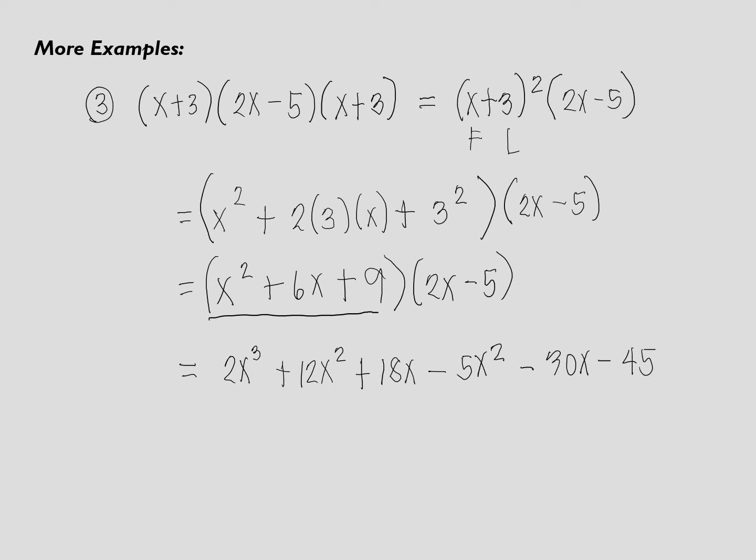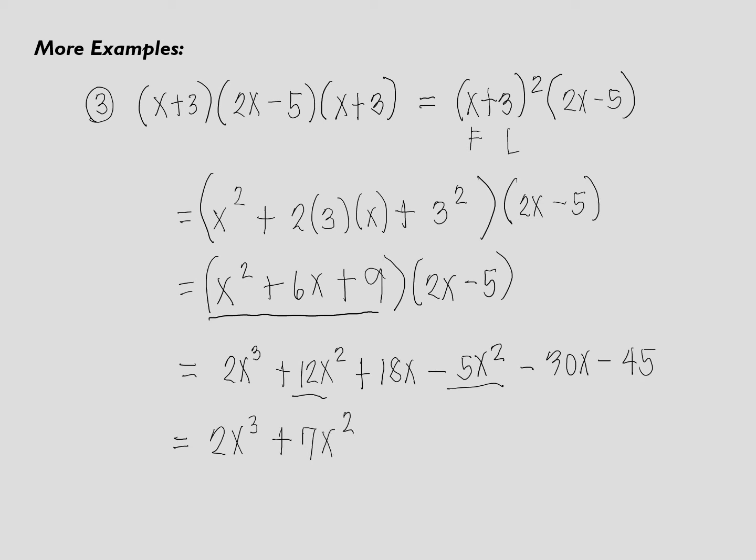But again, we won't stop here because this is not simplified yet. So we have to combine like terms if there's any. As you can see, we don't have any other terms with an exponent of 3, so we have 2x to the power of 3. But we have 12x squared and negative 5x squared. These are like terms, so we combine them, we get plus 7x squared.